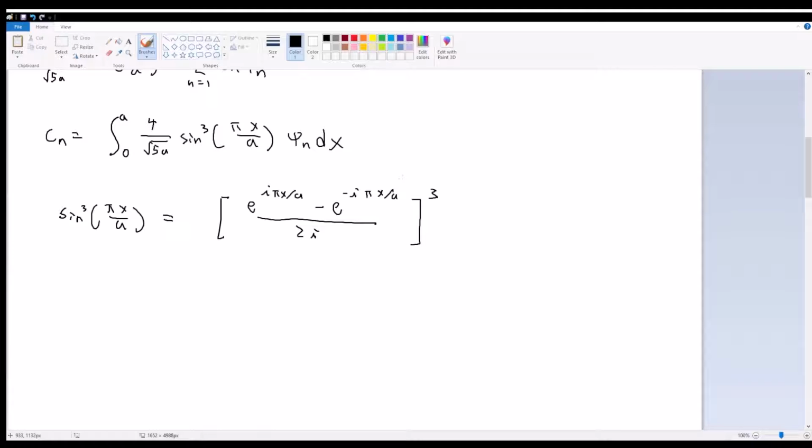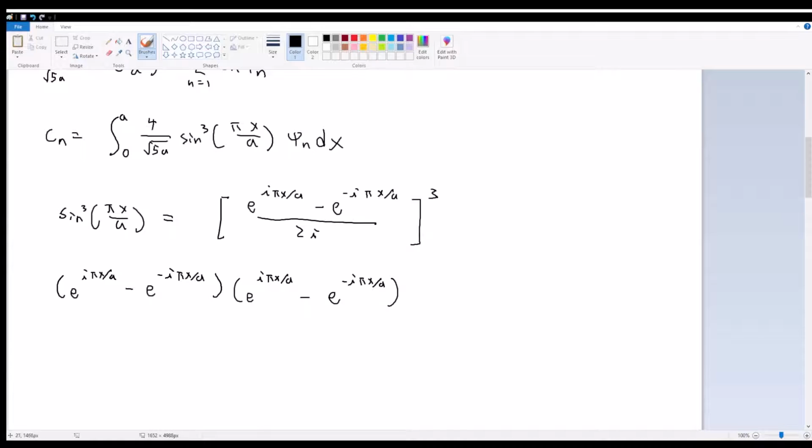So if I cube this, what I'm going to get is, let's see, e to the i pi x over a subtracted by e to the negative i pi x over a, multiplied by e to the i pi x over a subtracted by e to the negative i pi x over a.